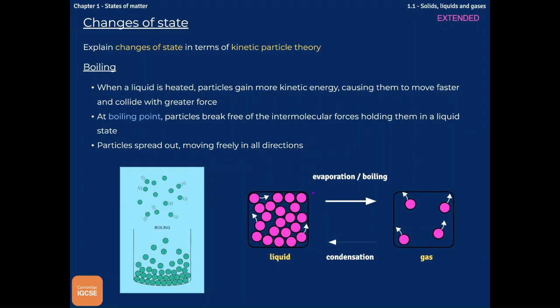So if you give a liquid enough energy, it will break free from those bonds, those forces, and become a gas. You can imagine all of these things have a small amount of attraction between them, so they don't just move freely in a space. But if you give them enough energy, they can break free from those and become a gas.